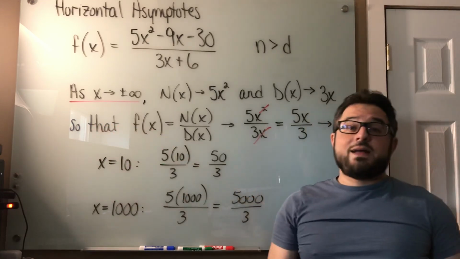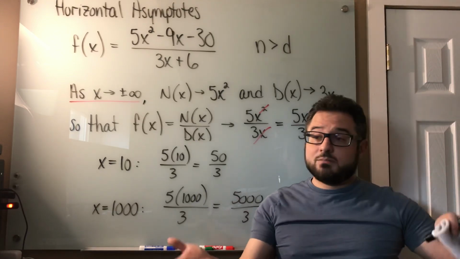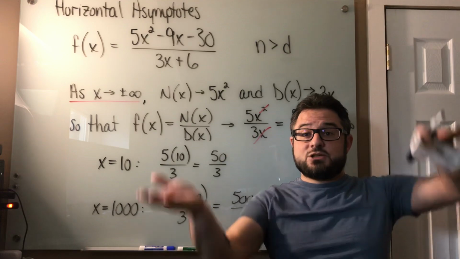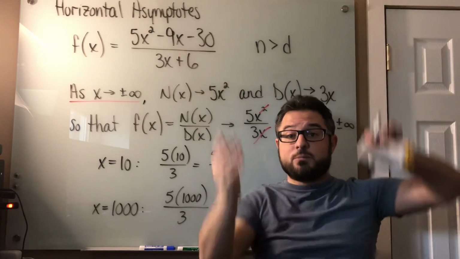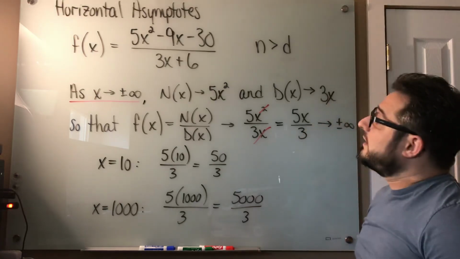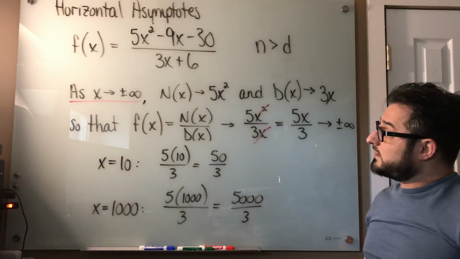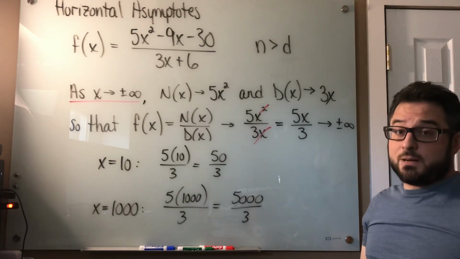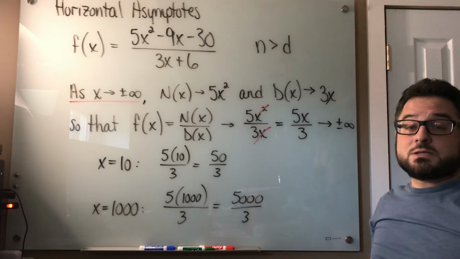Other functions flatten out in different places depending on the nature of the function. Even just taking the basic function and shifting it would cause its horizontal asymptote to move up or down with a vertical shift. So a horizontal asymptote can occur at any y value depending upon the nature of the function, specifically looking at the comparison of their degrees.